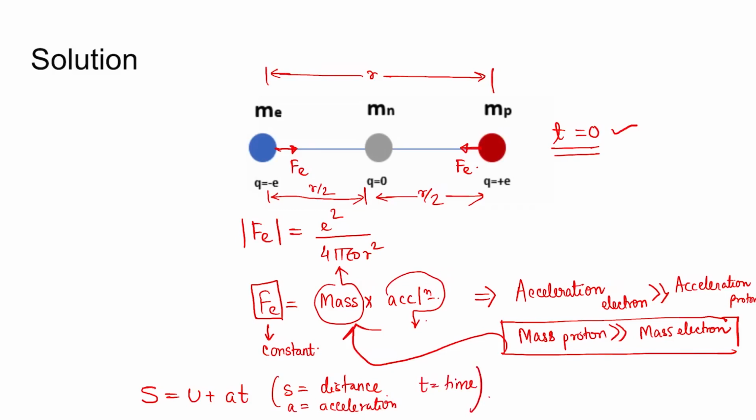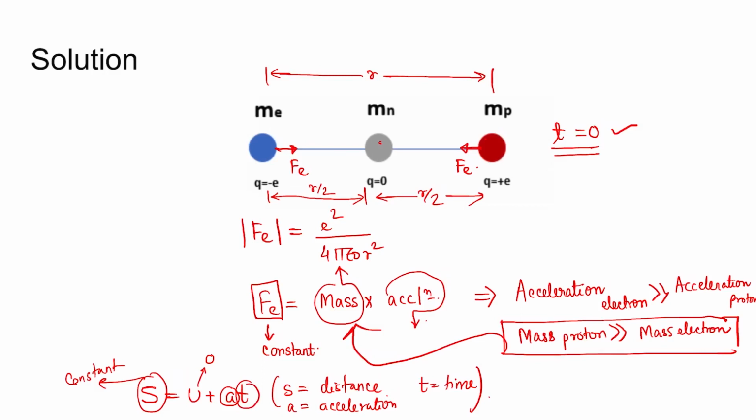The distance between electron and neutron and proton and neutron are both the same, so the distance s is constant. u is 0 because they were initially at rest. Now we see the more the acceleration, the less the time required.